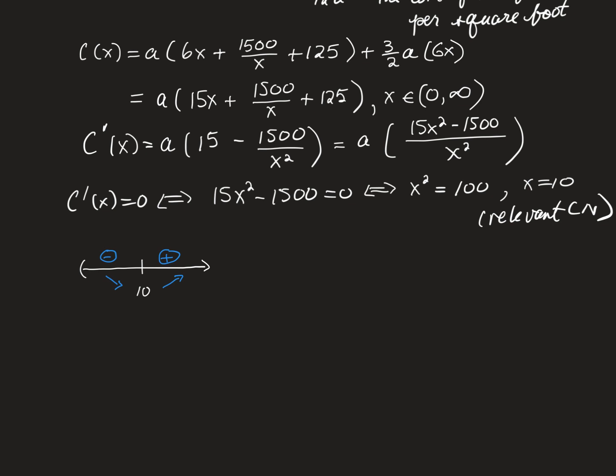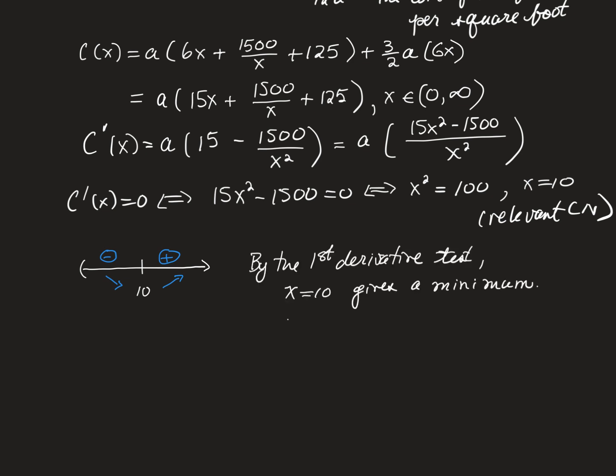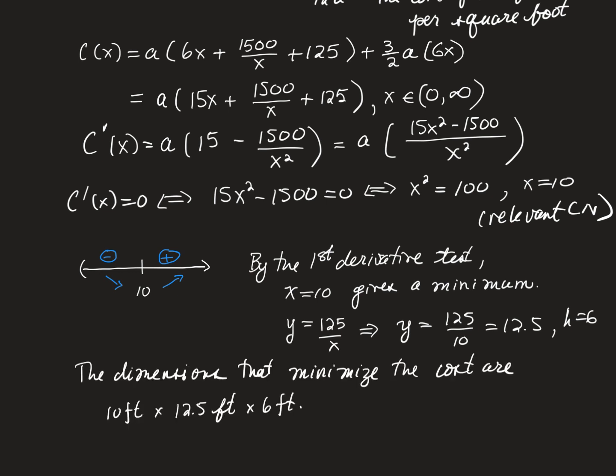I've gone ahead and recorded that, and recalling that y was 125 over x, that means that y is going to be 125 over 10, or 12.5, and we were given in the beginning that the height was 6. So putting that all together, the dimensions that minimize the cost are 10 by 12.5 by 6 feet.